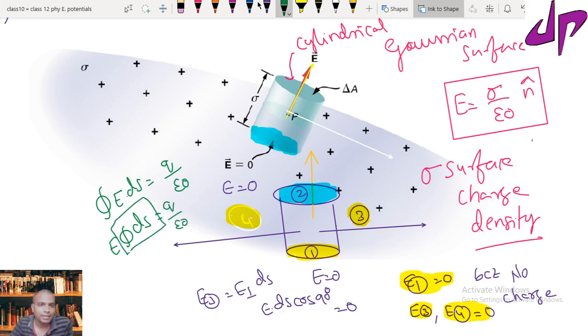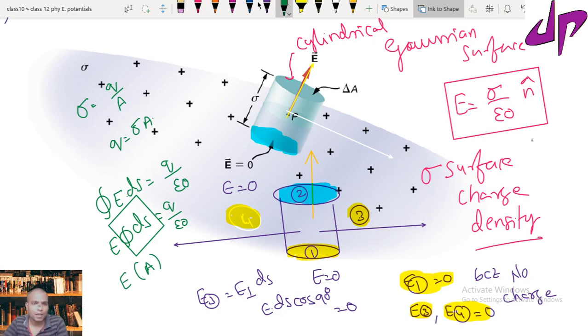If you convert q in terms of sigma, the surface charge density, sigma equals charge per unit area, so q equals sigma times A. Now E times A, taking the surface integral as the total area A, and in place of q I can write sigma times A by epsilon naught, and the area gets cancelled. You get the final expression: electric field E equals sigma by epsilon naught.